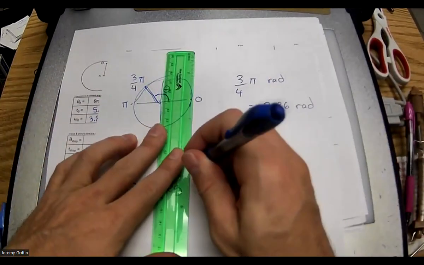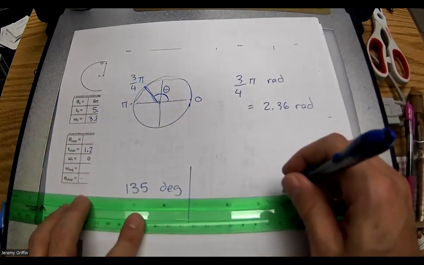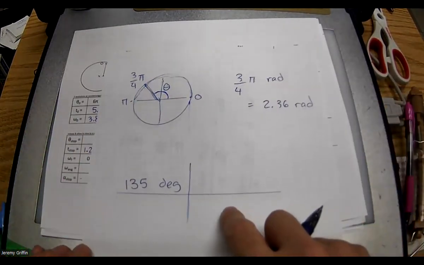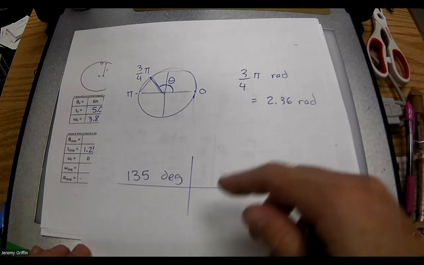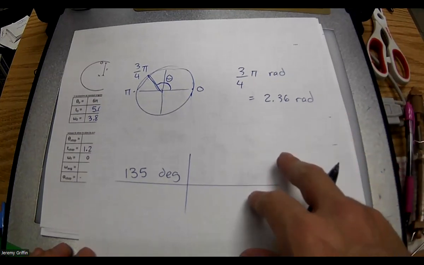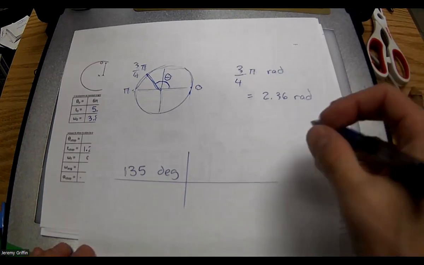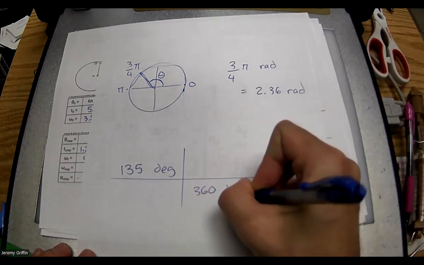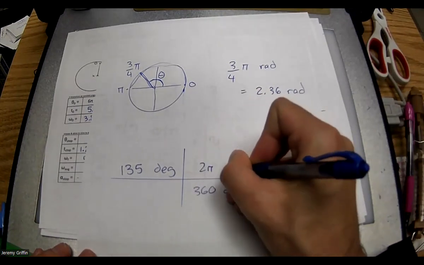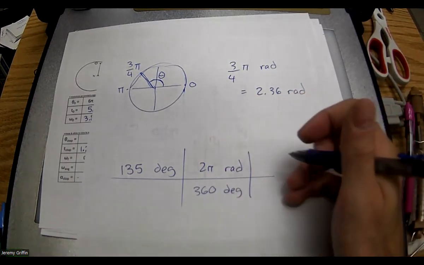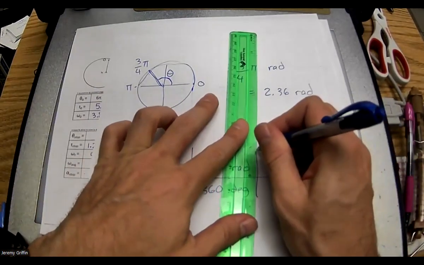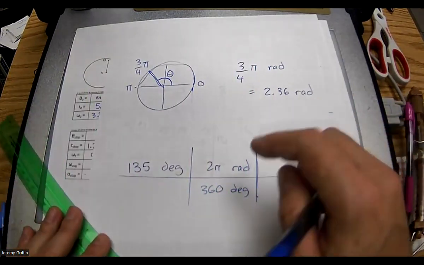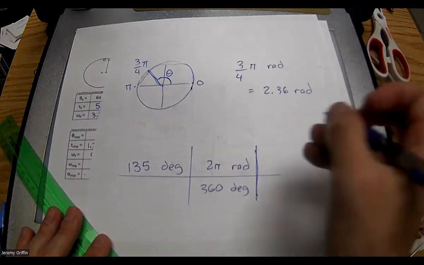135 degrees. And you can convert, you could either say 180 to pi or 360 to 2 pi, however you do it. 360 degrees is the same thing as 2 pi radians. If you want to simplify that a bit, you could do pi over 180. It's the same idea.